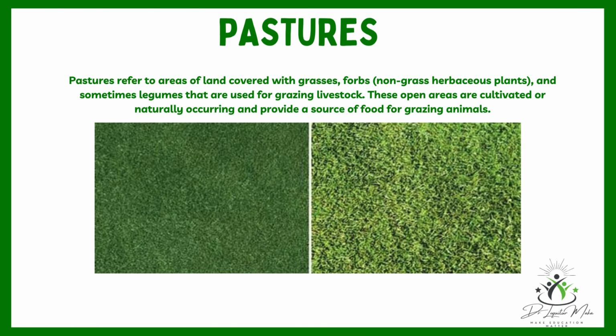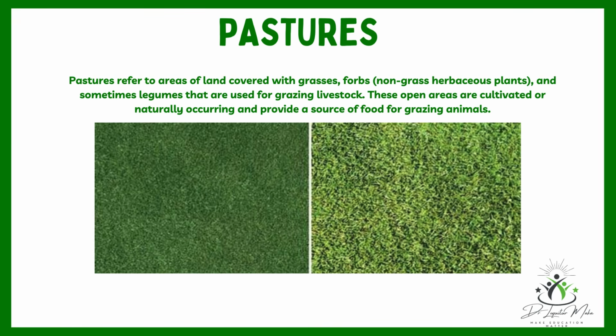Now, if you look at the picture in this video, there are two types of grasses. The one is very green, and the other one is also green, but not as green as that one. In most cases, between natural and artificial pastures, this is the case.